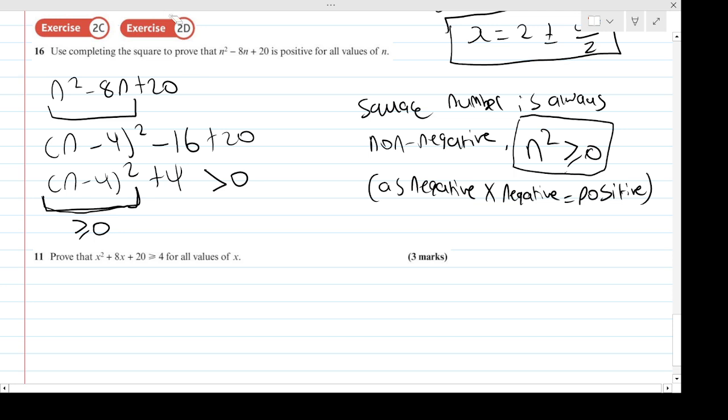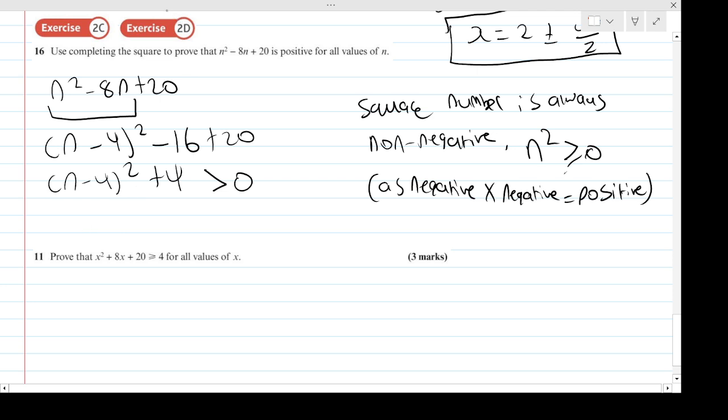But then I'm adding 4. So actually, this expression has to be at least 4. But then 4 is positive, so actually it's greater than 0, okay? And there we are, that's essentially it.